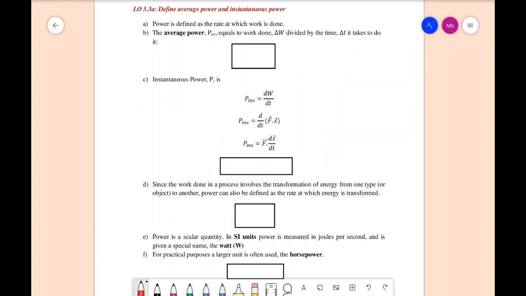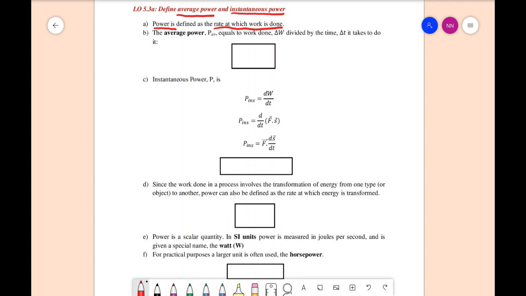Learning outcome 5.3a, define average power and instantaneous power. Power is defined as the rate at which work is done. Power is the rate of work, so we have to divide work by time.